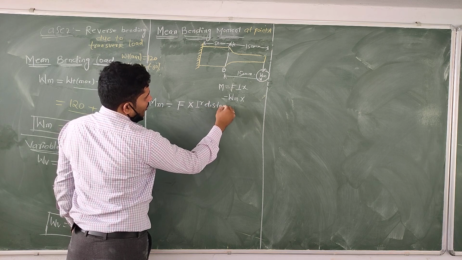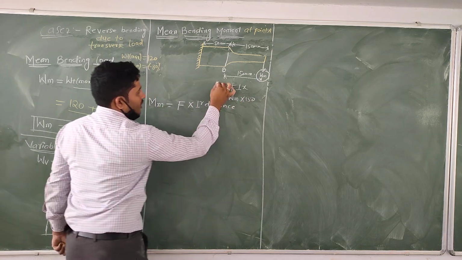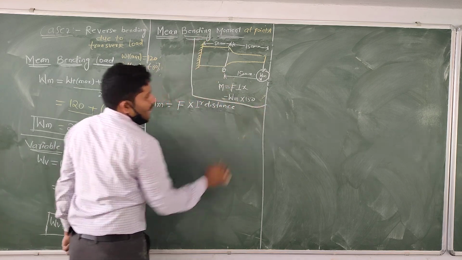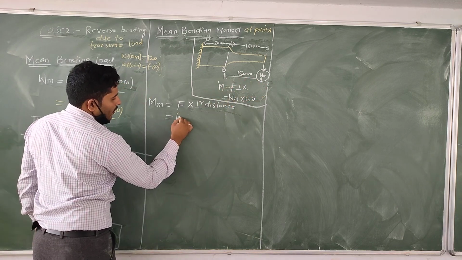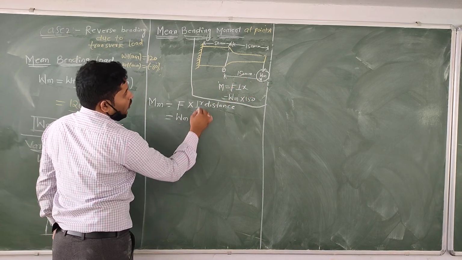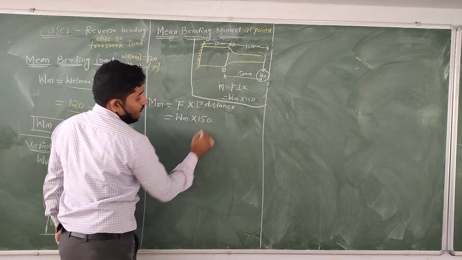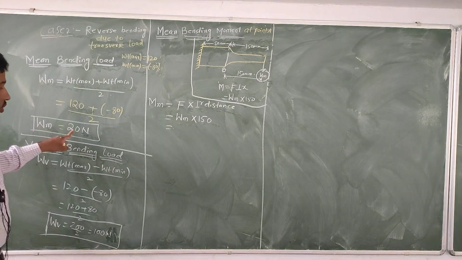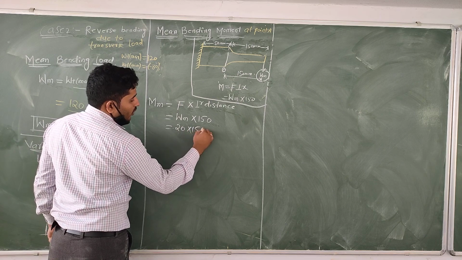Is it right? Force is how much here? Wm, into the perpendicular distance from the free end. How much is there? 150. Is it right? Wm, how much did we get here? 20 Newton. 20 Newton into 150.